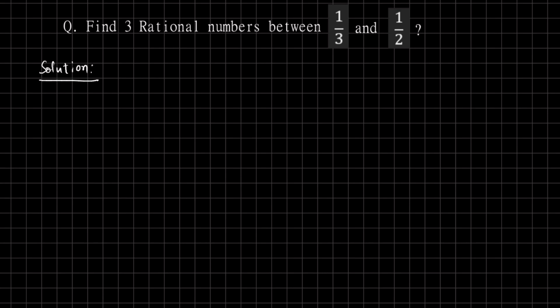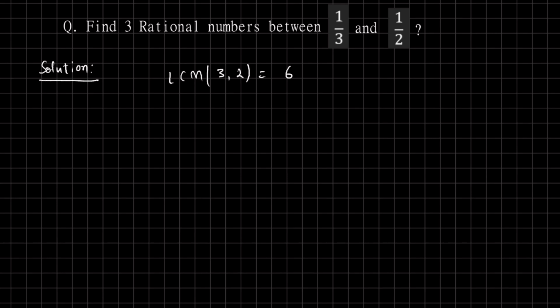To do that, let's find the LCM of the denominators. The LCM of 3 and 2 is 6. So we can convert both fractions such that their denominator is 6.